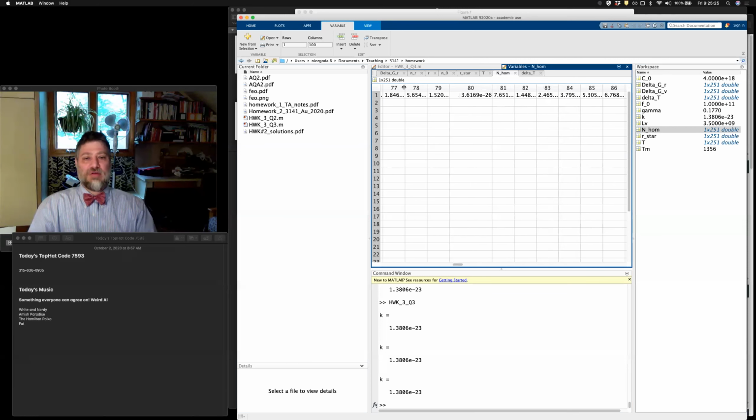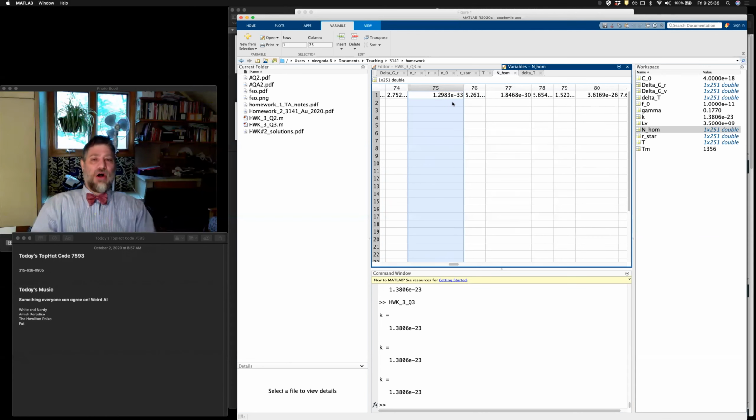If we go just a little further back, we drop really fast. So at, say, 75-degree undercooling, we'd have to wait longer than the age of the universe. The age of the universe is what, 10 to the 18 seconds?